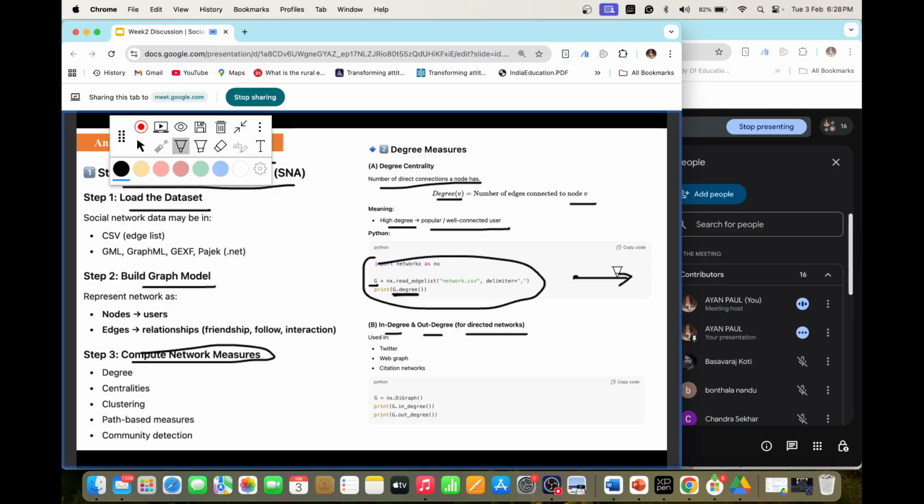Let's say this is A and this is B, and the link goes from A to B. So B will have the in degree and A will have the out degree. That is why there are two types of degree. Again, it is very simple code: G.in_degree and G.out_degree. By this you can get the in and out degree of a directed network. So this is regarding degree.